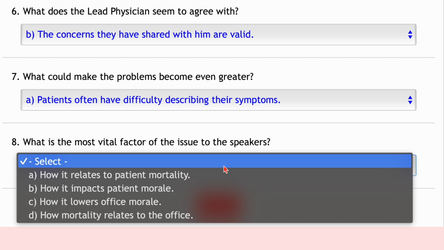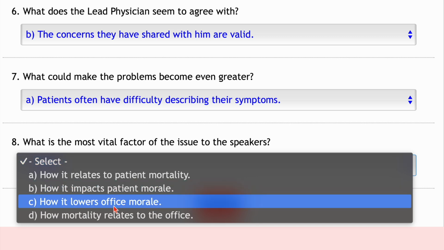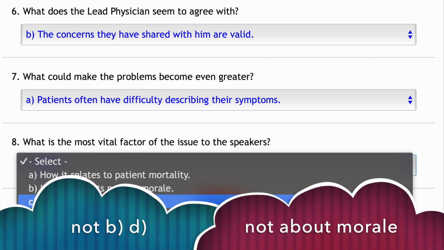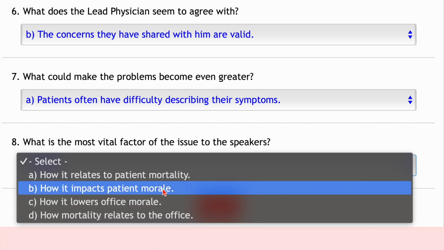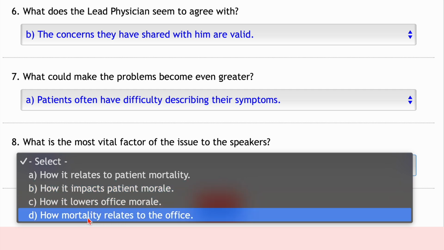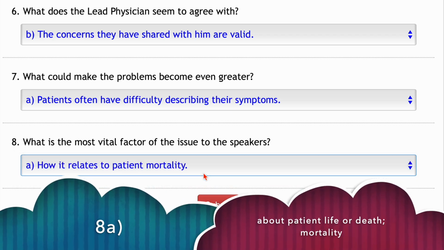So the answer here, well, it's not about office morale, so I don't see office morale, and it's also not about morale in general. Morale means how you think, positively or negatively, your attitude, how you feel about it. Positive morale, negative morale. So not about patient morale. So it's also not about mortality or death to the office, it's about patient mortality.